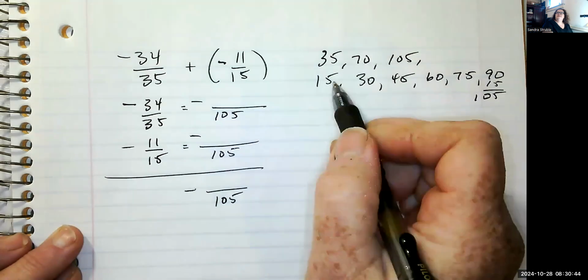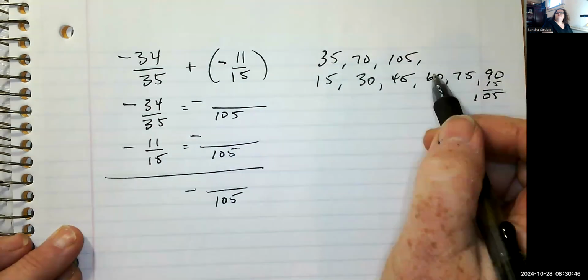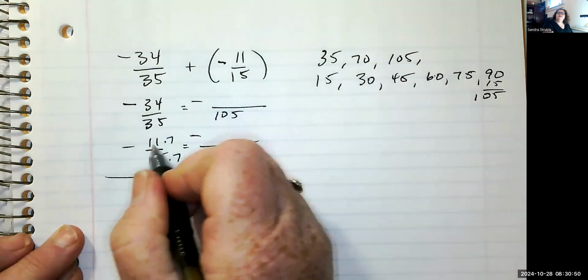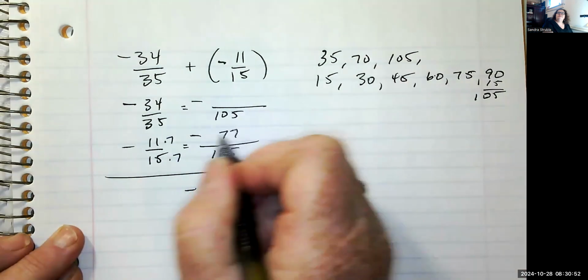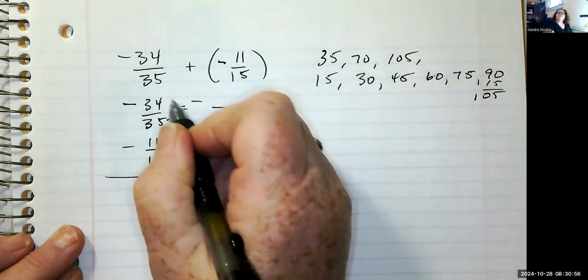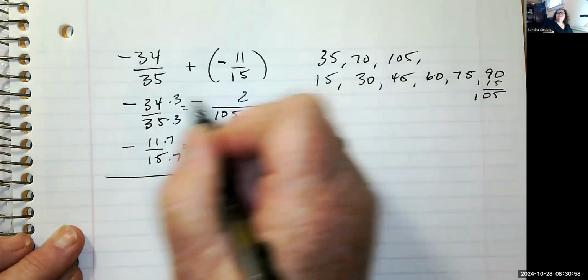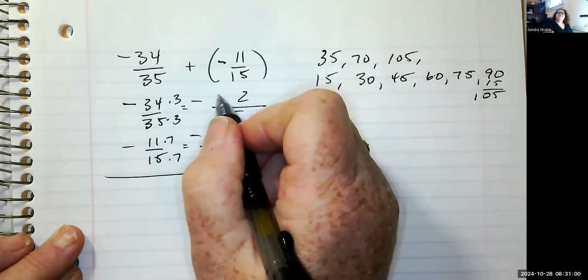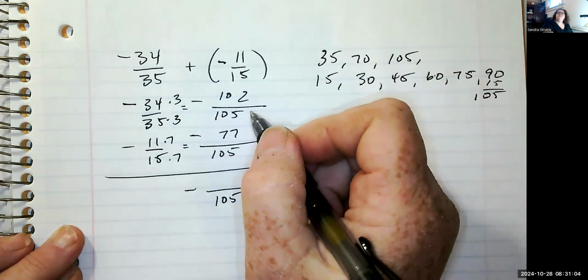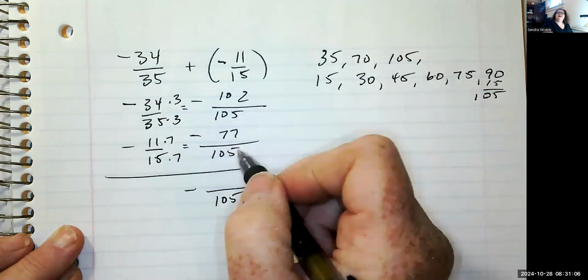All right, 15 times 7. 11 times 7 is 77. 35 times 3 is 102. Yep. And then we just add the numerators.